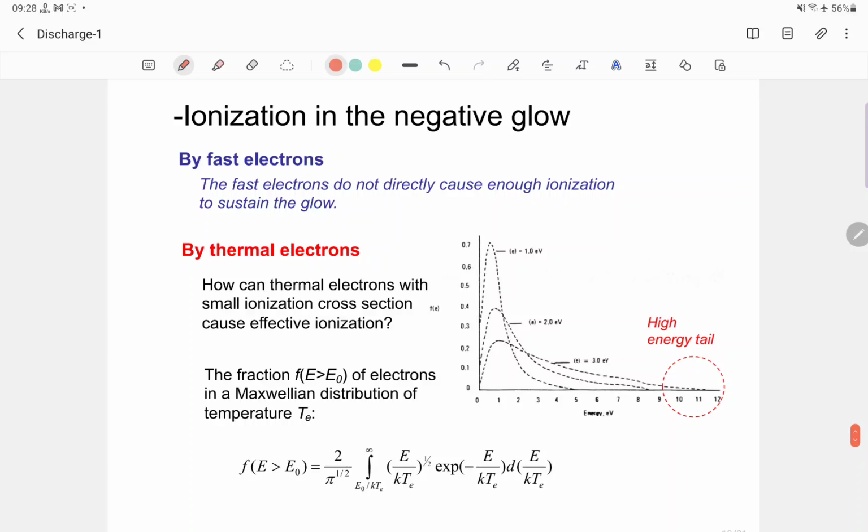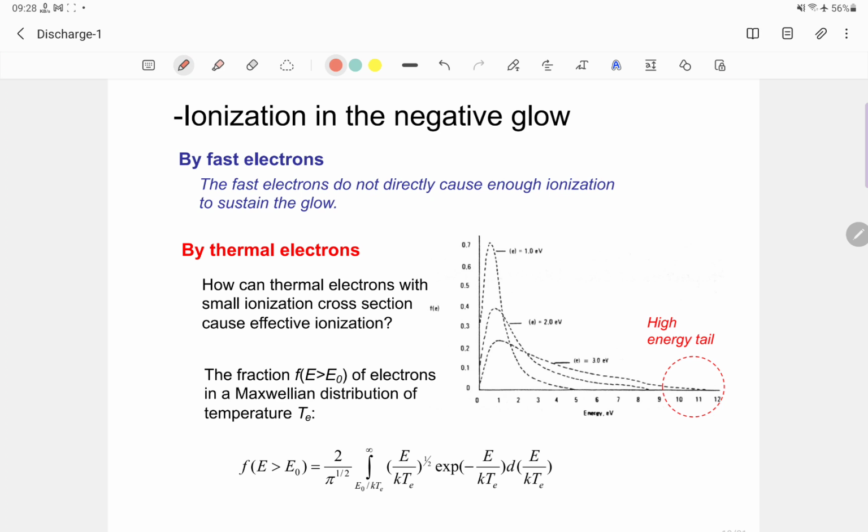And this figure shows the electron energy distribution function of thermal electrons. This function follows the Maxwellian-Boltzmann distribution.